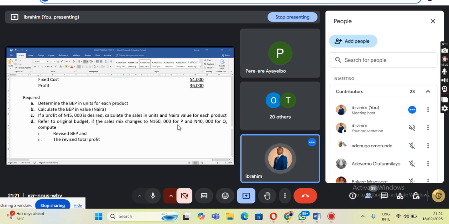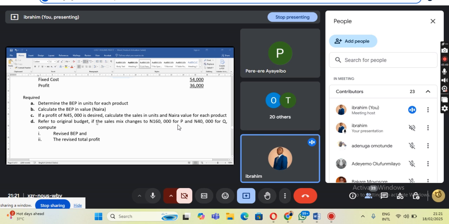Another someone gave me fixed cost plus targeted profit divided by contribution. If you give me that as formula in the exam, minus 1. Because the formula is fixed cost plus targeted profit before tax divided by contribution per unit.